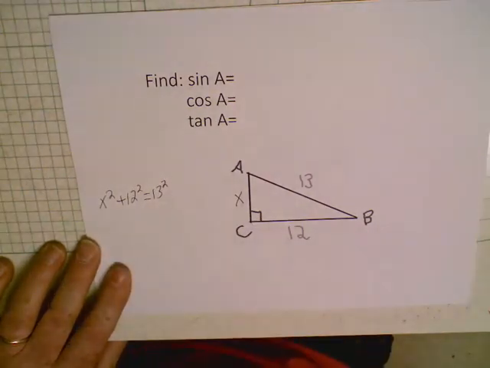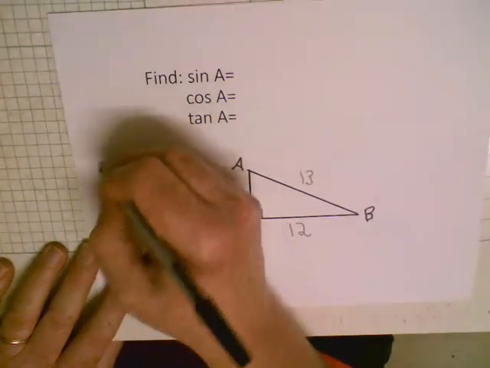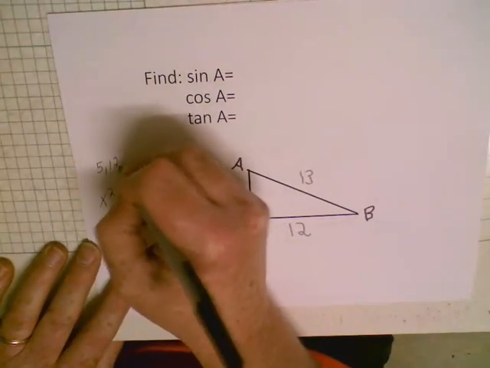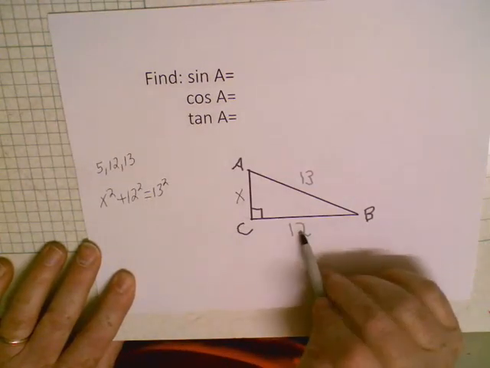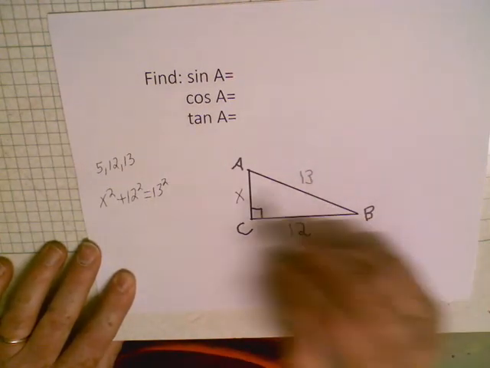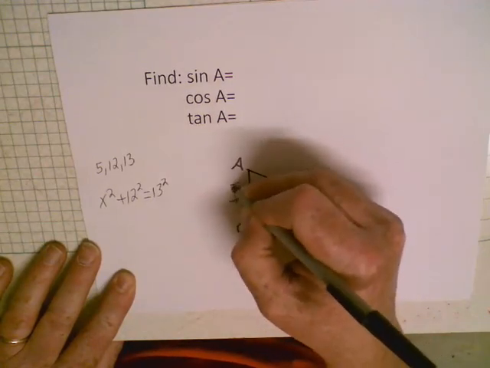Or maybe you remember, hey, there was a Pythagorean triple that was 5, 12, 13. So if this leg's 12, the hypotenuse is 13, then that means this other leg has to be 5. So this number right here is 5.